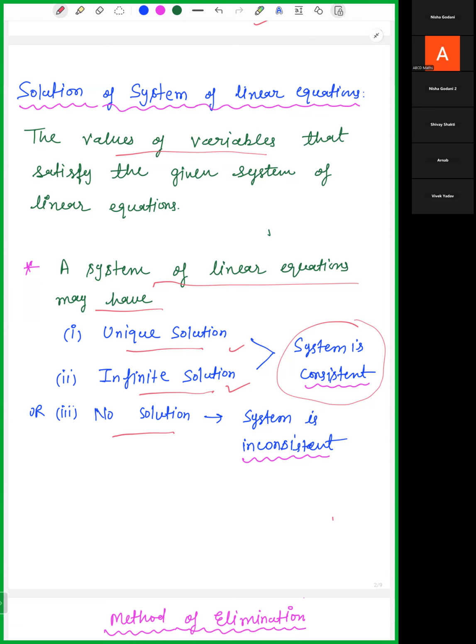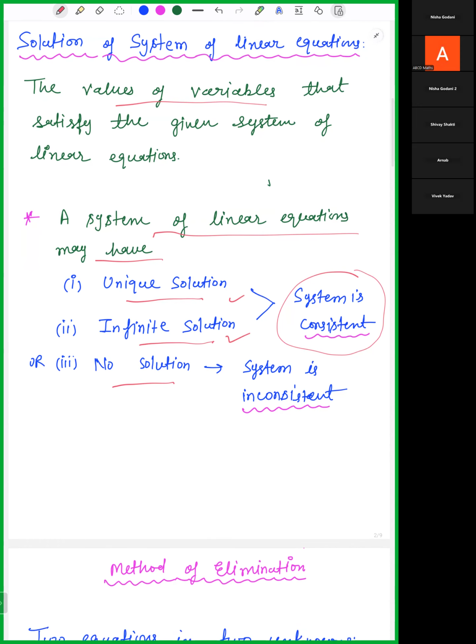We will study under which condition it will be unique and when it will be infinite. We will learn that. But if the solution does not exist, if there are no values of x, y, z such that all those equations are satisfied, then we say that the system is inconsistent. It is very important.